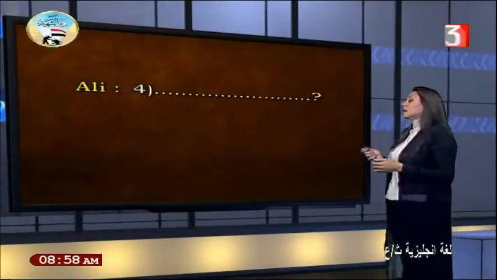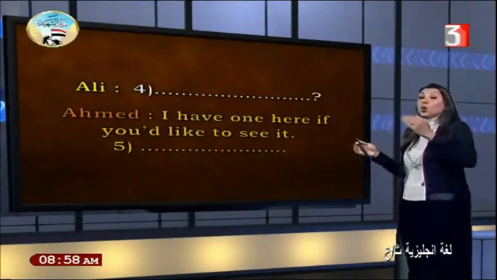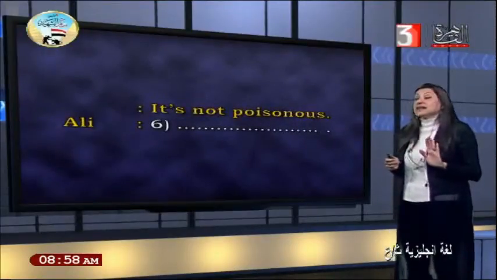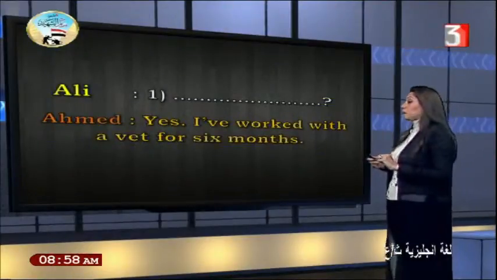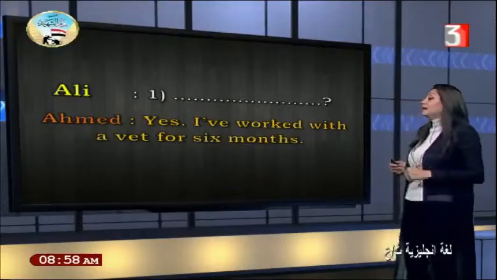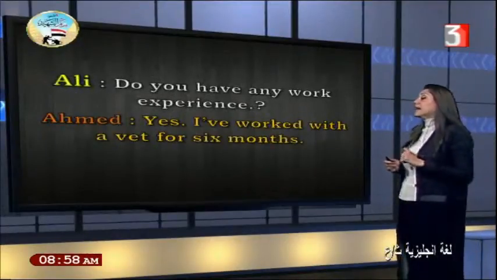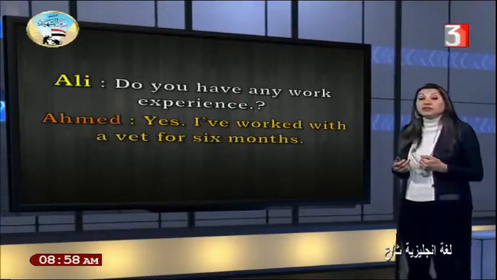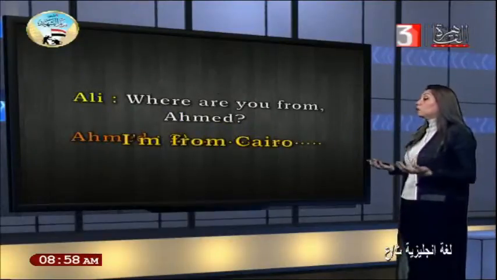Ali is going to ask a question. The answer: I have one here if you'd like to see it, and another sentence after it: It is not poisonous. Then Ali says something to end the conversation. Let's solve together what was said. Yes, I have worked with the vet for 6 months, so I can simply ask: do you have any work experience, or have you worked before? So this is the answer. Where are you from, Ahmed?